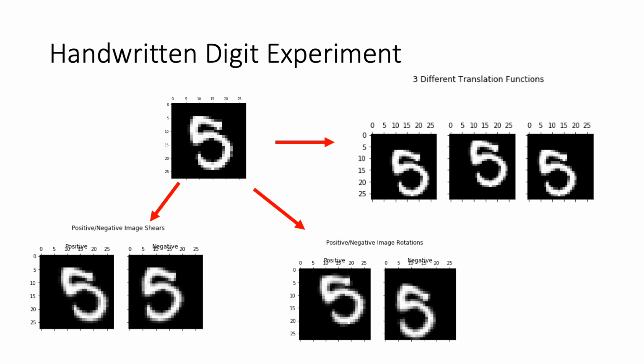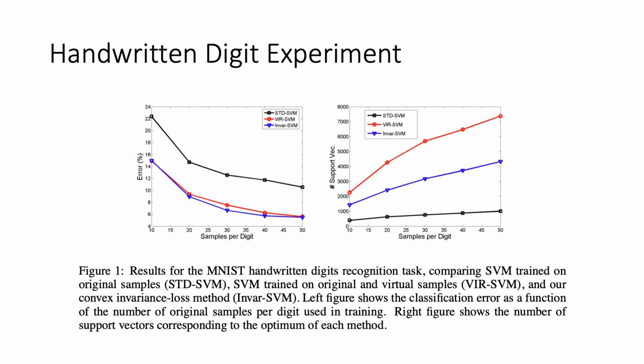And with these 22 transformations in mind, they went and trained 3 different SVMs. The first SVM was just your garden variety standard SVM in black. They had 5 different sample sizes indicated by the points. They did 10 digits, 20 digits, 30, 40, and 50 digits per digit class.